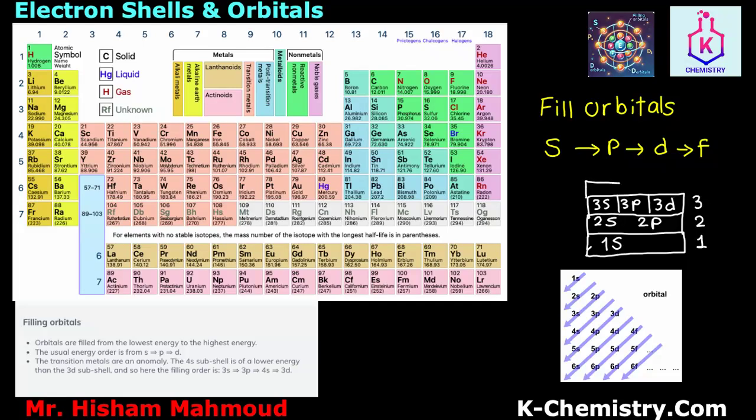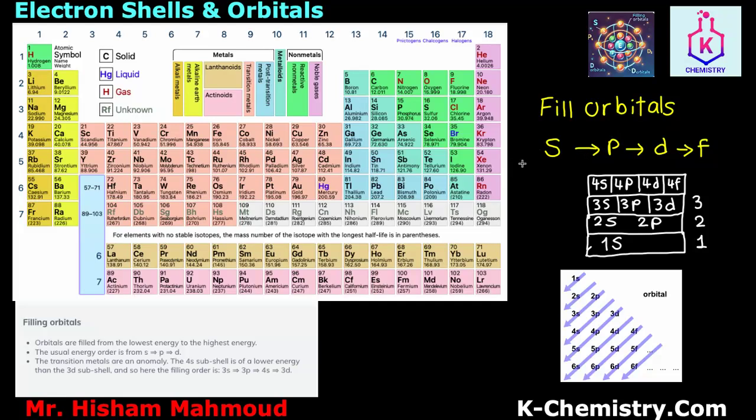And in the fourth one, I'm going to have four types of subshells, and we are going to call them 4S to know that this is the S of the fourth shell, the 4P, sorry, to know that this is the P of the fourth shell, the 4D, and the 4F. So now we have given a number to every subshell to know which shell it belongs to.